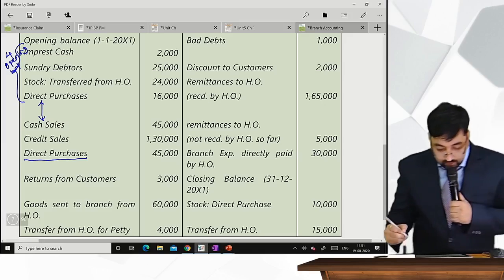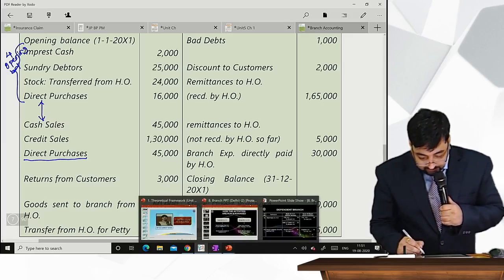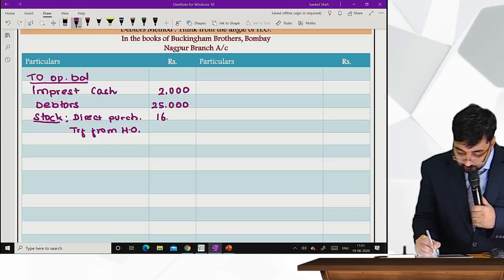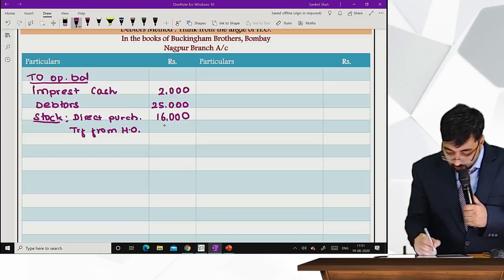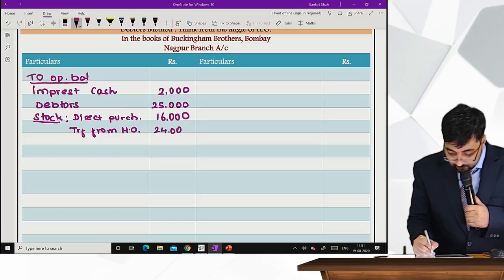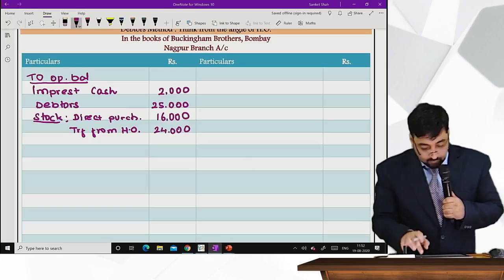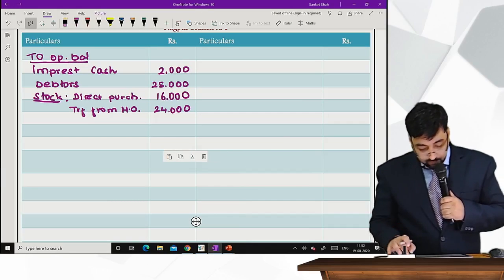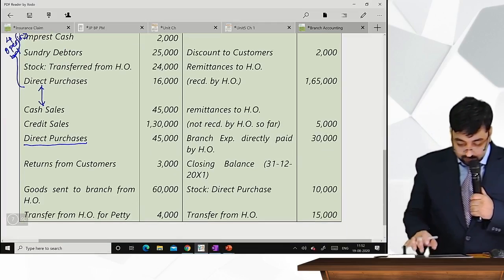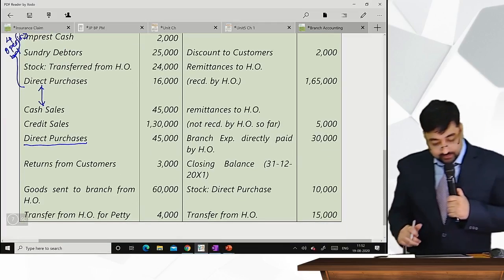So direct purchases is 16,000 and transfer from HO. Yes, first I have written direct purchases. Sorry, the sequence is different. Cash sales.